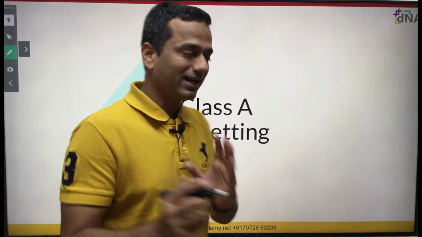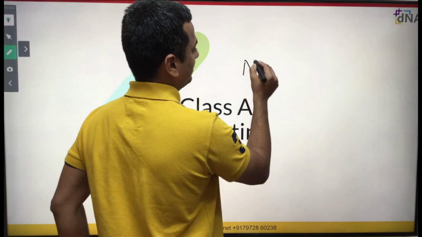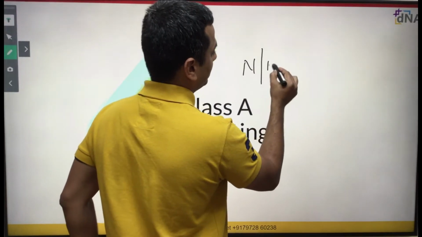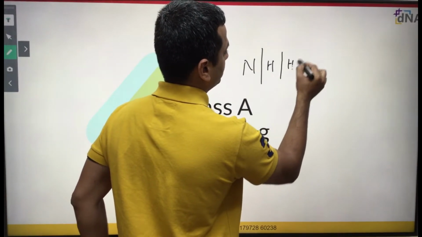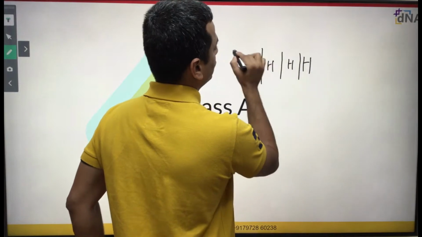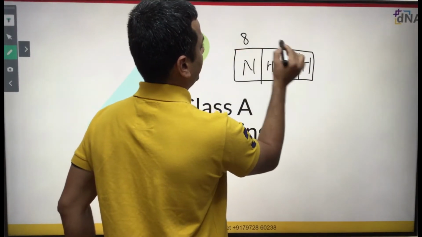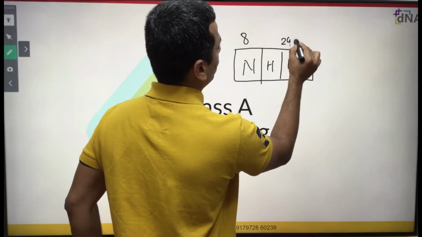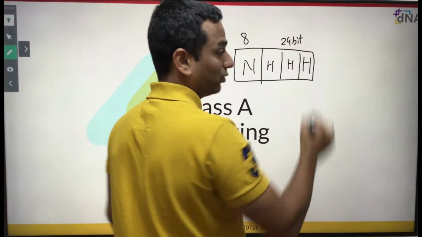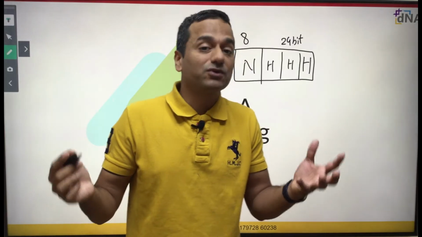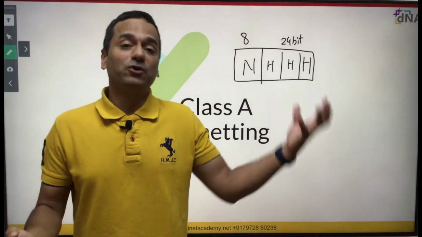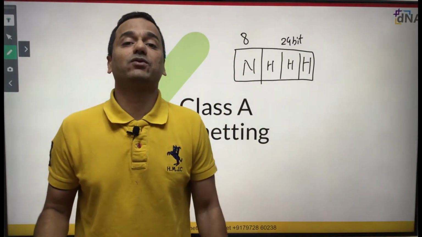So the format of class A is: the first octet is network, then host, host and host. There is lots of scope to borrow the host bits for subnetwork bits.